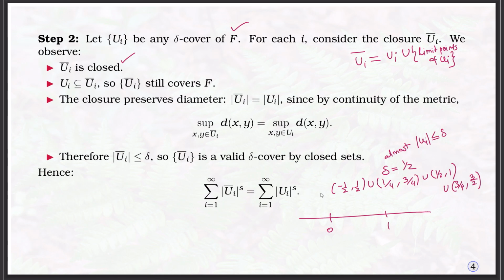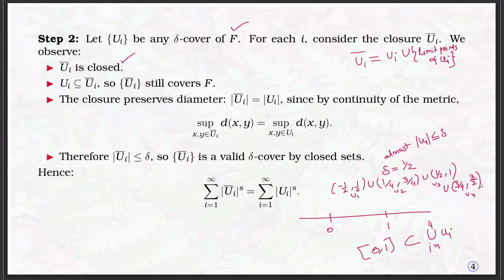If you are taking the union of all the sets here, this is my U1, U2, U3, U4, then the union of i equal to 1 to 4 of Ui covers the closed interval [0, 1].